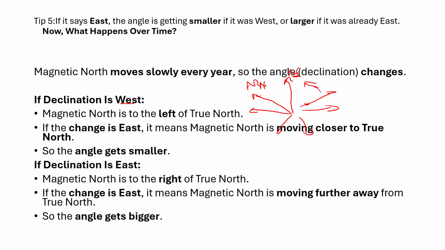But if the declination is east, magnetic north will be to the right of the true north. This is our true north, this is its right. So if the change is east, it means that magnetic north is moving further away from the true north.